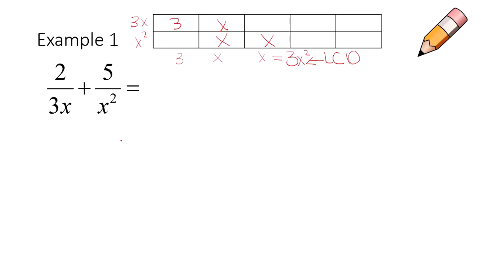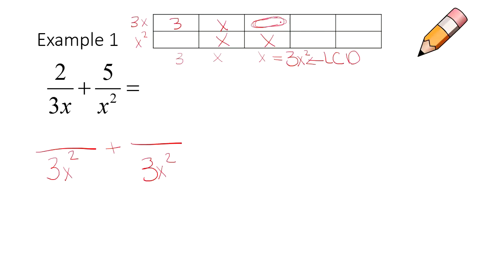So then, guys, I need to now write 2 fractions with that as my common denominator, 3x squared and 3x squared. Now, remember when we had to multiply? We need to do that same thing, but we need to figure out what we need to multiply by. The chart also will help us with that. So notice, guys, we have a missing piece right here.